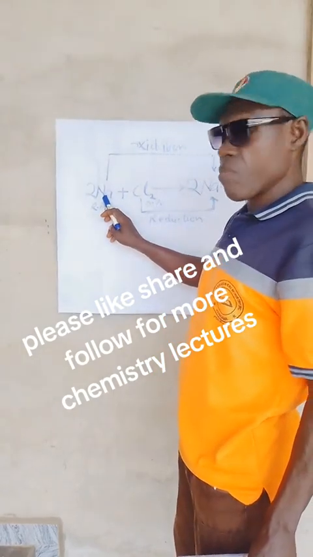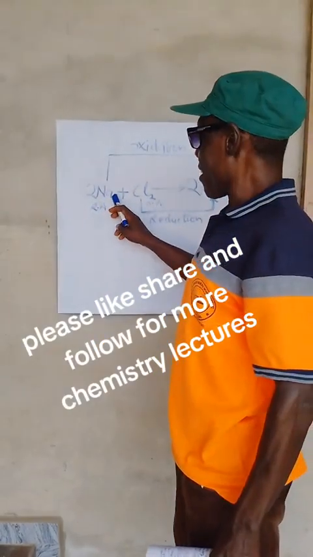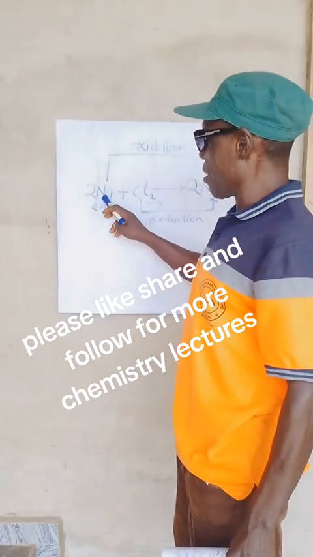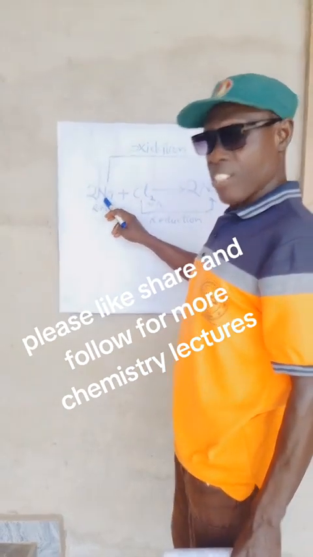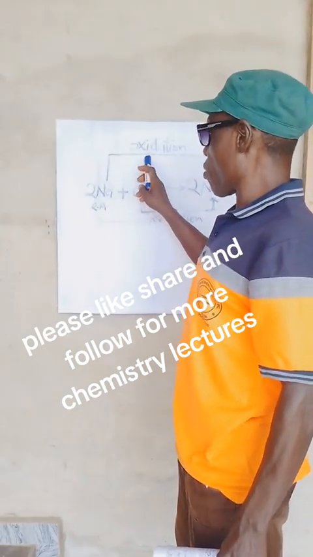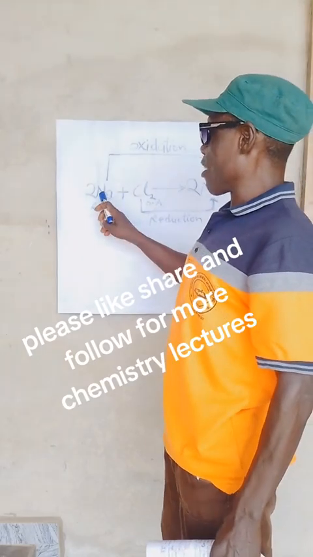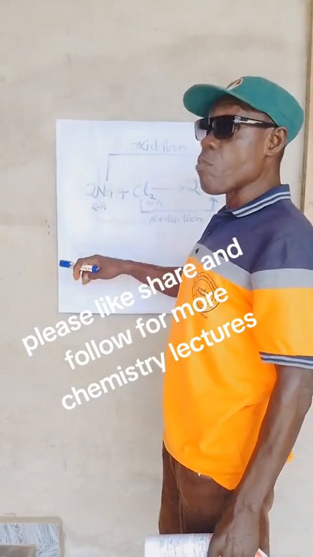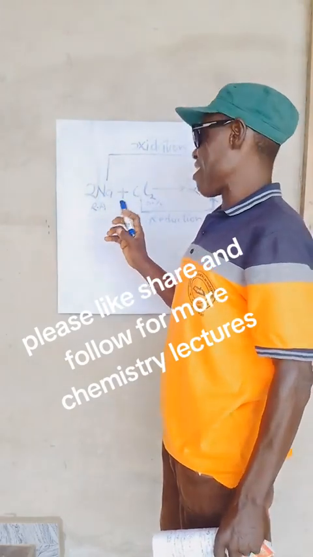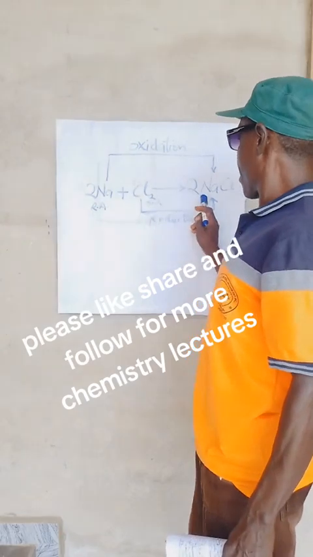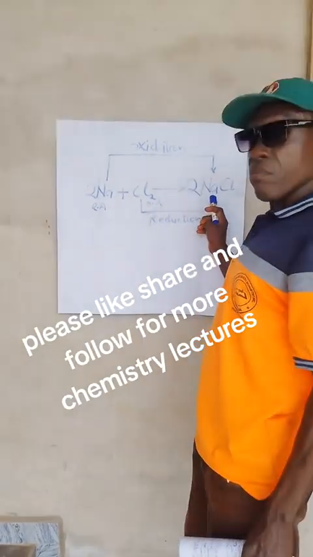Now, sodium, when electronegative element is added to the substance, it is oxidation. And when electropositive element is removed, it is reduction. Now, the two form the same compound, sodium chloride.